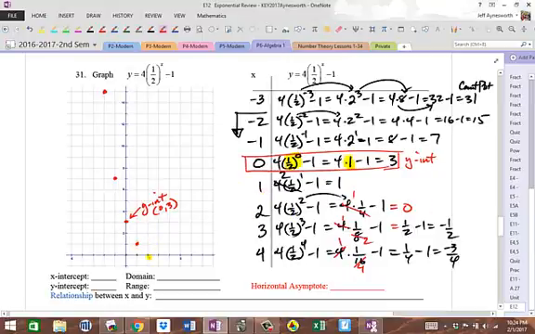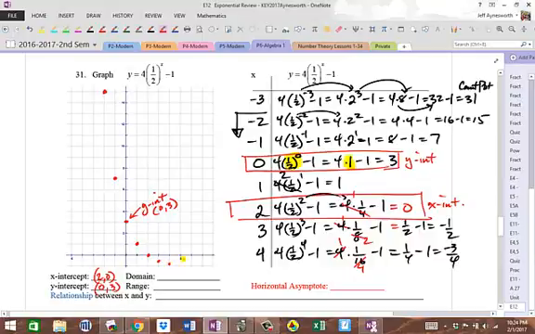There's your x-intercept. So 2, 0 is your x-intercept. 0, 3 is your y-intercept. 3, negative 1/2 is right here. Right 3 down 1/2, and right 4 down almost negative 1 right here.